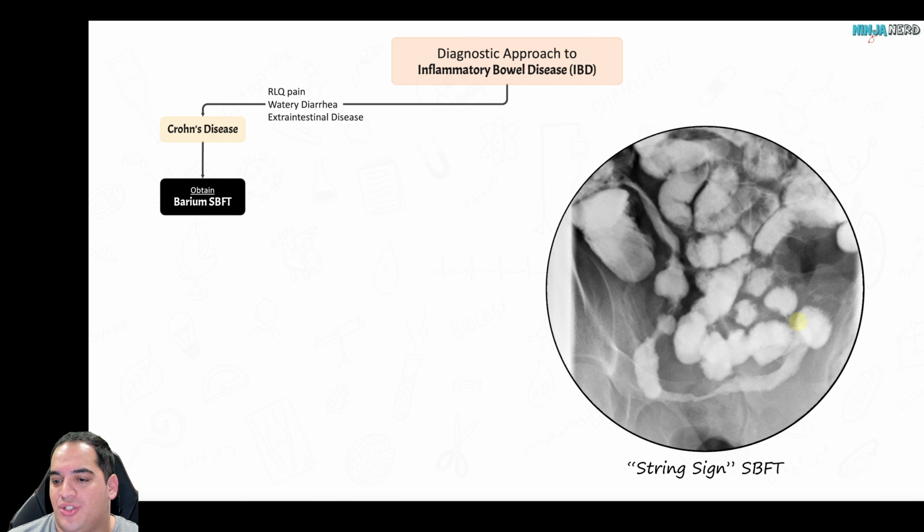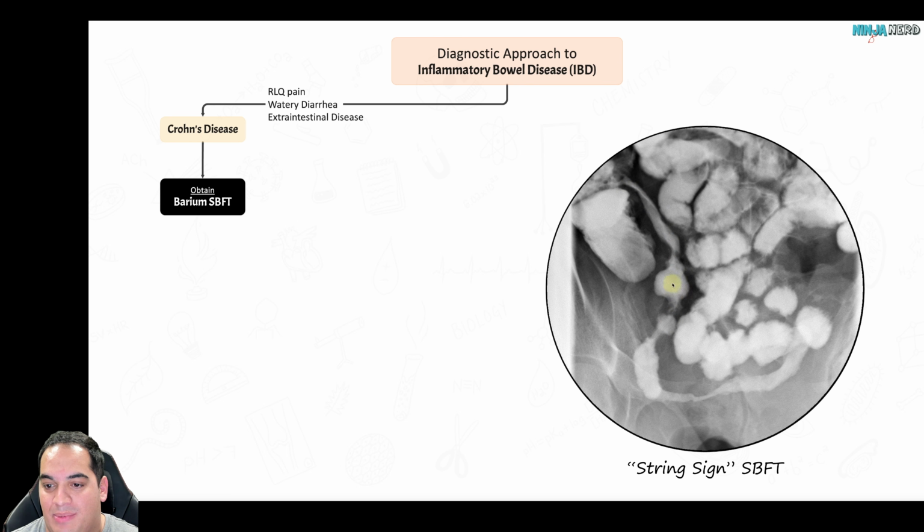First thing is some patients will get what's called a barium small bowel follow through. Basically you have them drink the barium and allow it to move through the esophagus, the stomach, and then start moving through the small intestine. What you look for are areas where there's a very significant amount of inflammation and where the colon, or in this case the ileum, looks really thin.